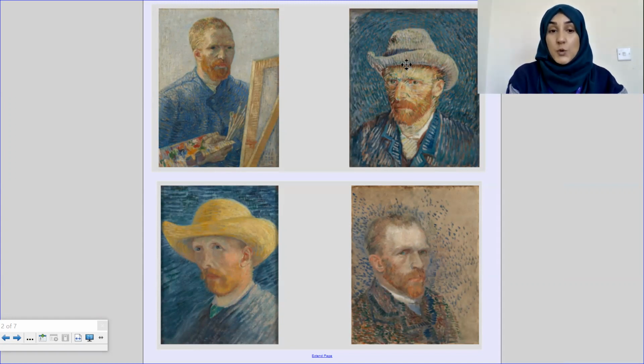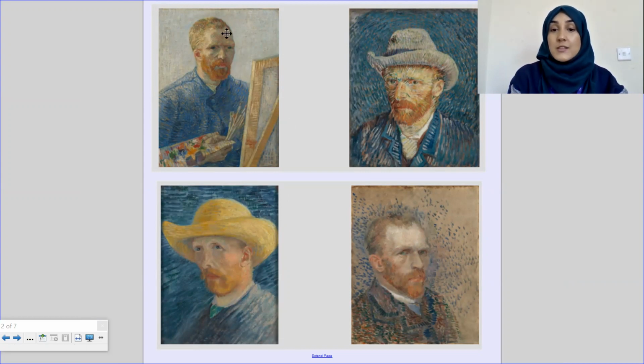Okie dokie, let's talk through some of the things that we've noticed. What I noticed is that in these two pictures, he is wearing a hat, and in the background of both pictures there is a blue background. Also, he's wearing smart clothes in all of these four self-portraits.